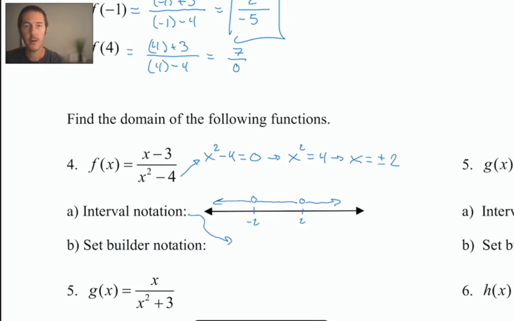And the list of acceptable x values to plug into our function consists of all of the x values starting at -infinity, coming up to -2, excluding the -2 with a parenthesis, or, that's the union symbol, or we can choose x values starting at -2, but excluding -2 with that parenthesis again, coming all the way up to +2, excluding +2, or again, we could choose x values starting at +2 and going all the way up to +infinity.